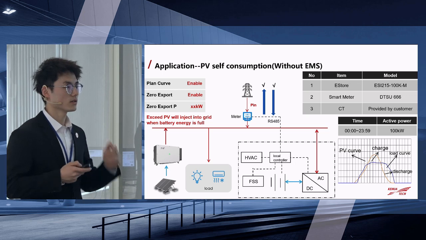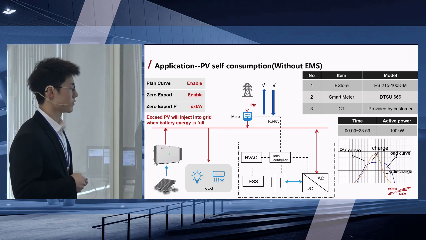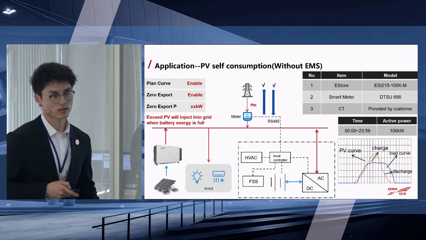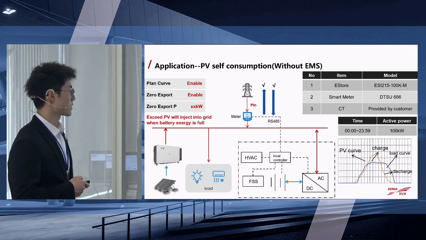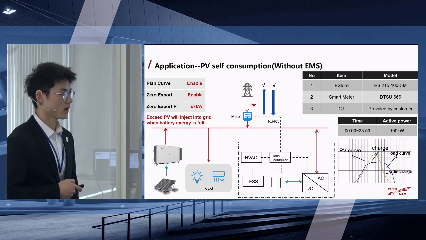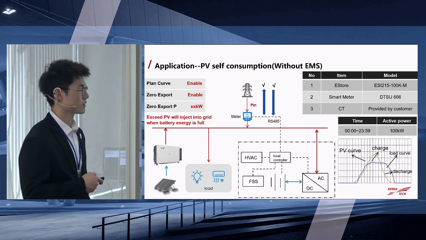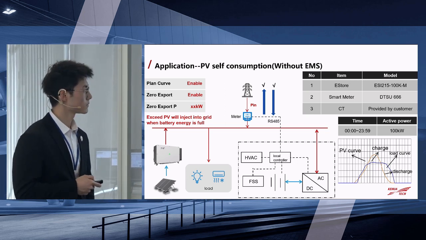But as I know, for most inverters in the market, the inverter has its own zero export function. So combining the inverter zero export function and the energy storage system zero export function, we can realize the whole system zero export function.